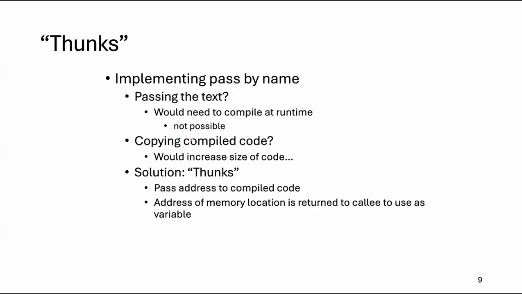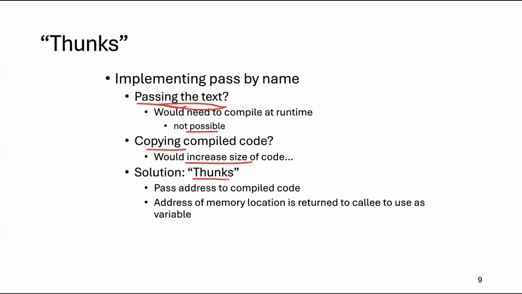It is implemented by using something called thunks. If we think about it, we can't do the copying at runtime, because that would need compiling at runtime, and that's not possible. Copying the compiled code would increase the size of the code, so that's not possible either.